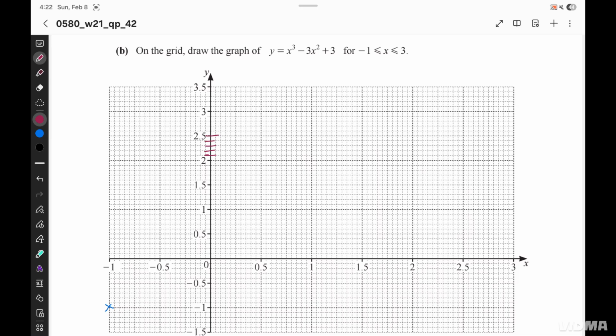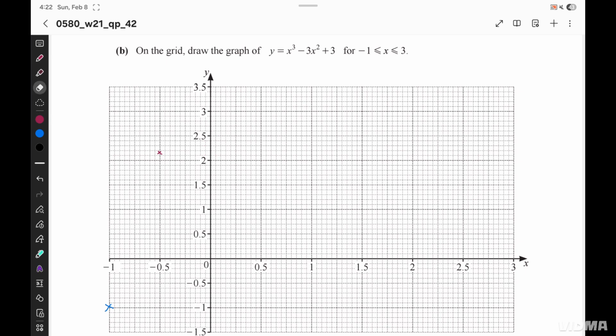So our value is basically 2.125. It would be near to 2.1. So I will put a cross over here. It would be over here, 2.125, between 1 and 2 and near to 2.1.